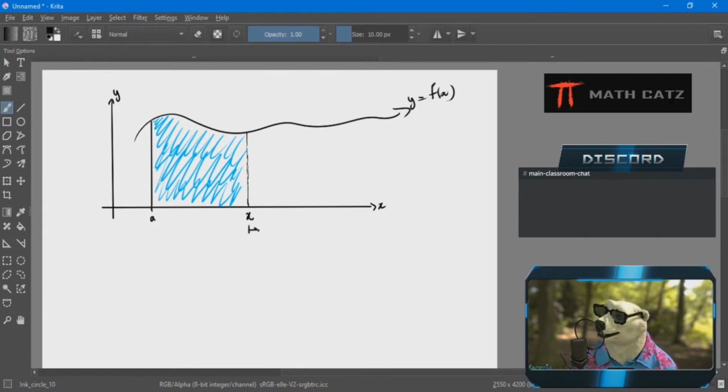So I'm going to take a little step forward, and I'm going to make that step size h. Then I'm not sitting at x anymore, but I'm sitting at x plus h. Now, in truth, that's a really, really small step, but so that we have room to draw stuff, I'm going to exaggerate it a little bit.